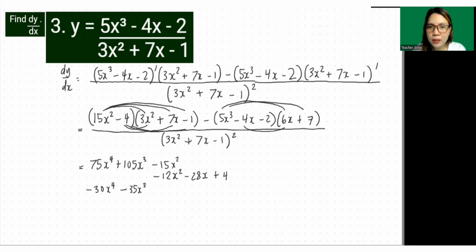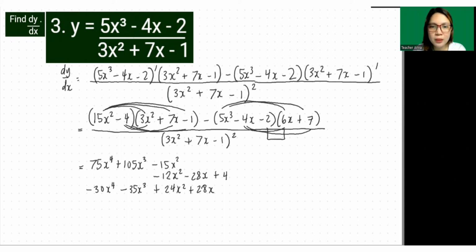And then negative 4x times 6x is negative 24, the minus sign. So plus 24x squared. And then for this one, we have negative 28, then the minus sign. That will be positive 28x. And for this one, negative 2 times 6, negative 12, then the negative.